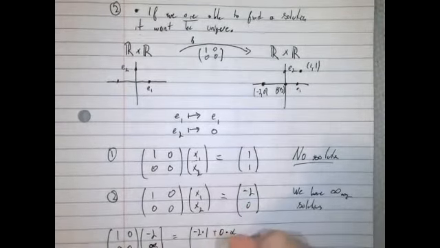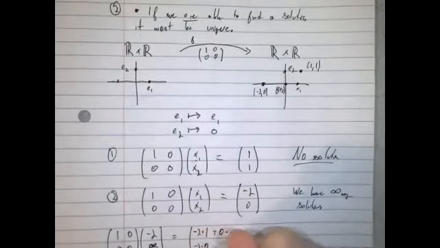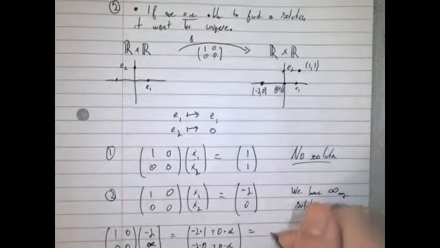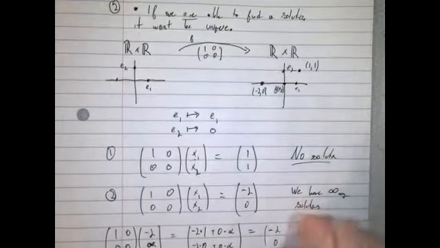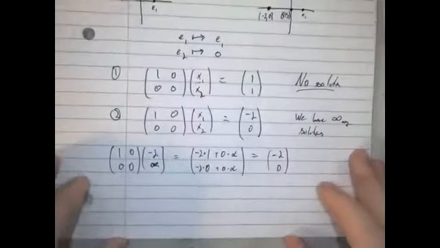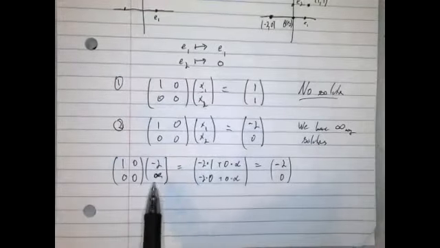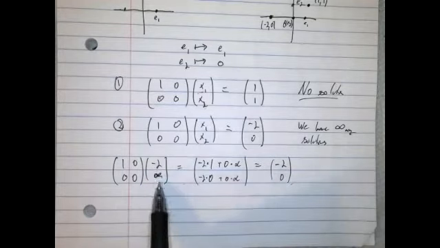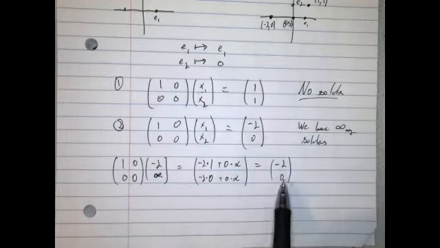And then down here, I get -2 times 0 plus 0 times alpha, which is exactly equal to -2, 0. So for any coordinate alpha I put in here, I will end up with a solution, because this matrix maps any vector of this form to this vector.